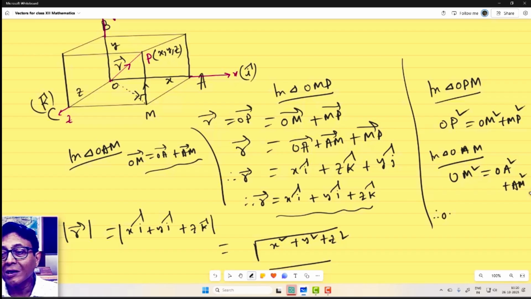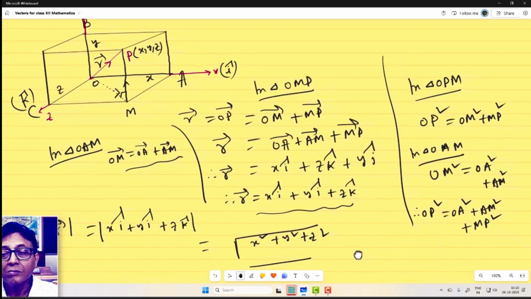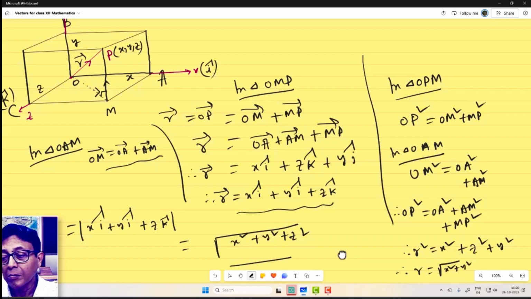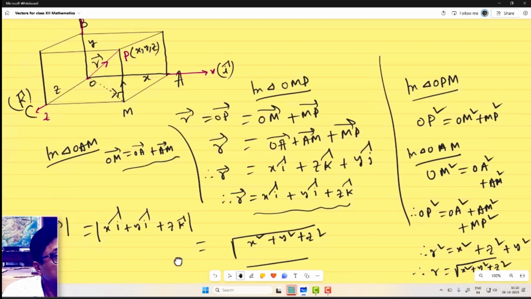So OP square is OA square plus AM square plus MP square. Just put it there. OA is x, AM is z, and MP is y. So r is under root x square plus y square plus z square. So this is the magnitude of the vector. Clear?